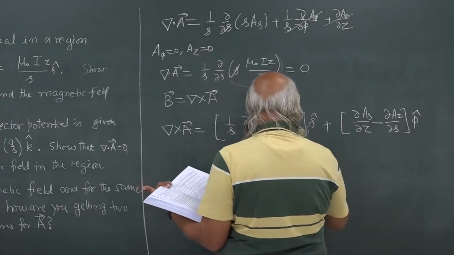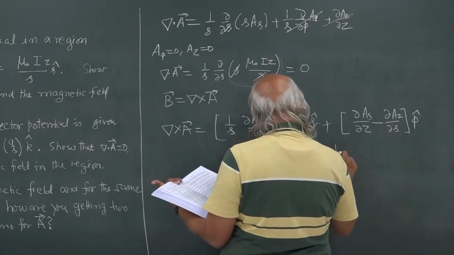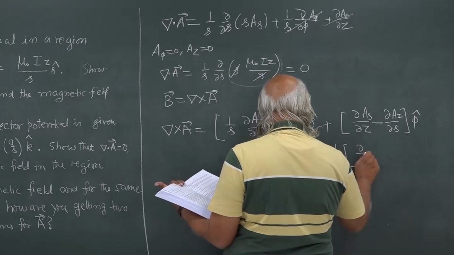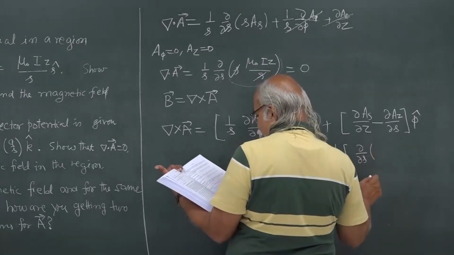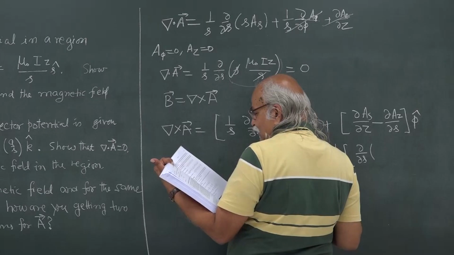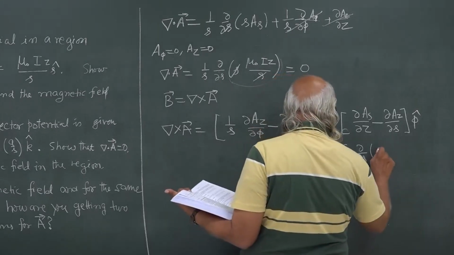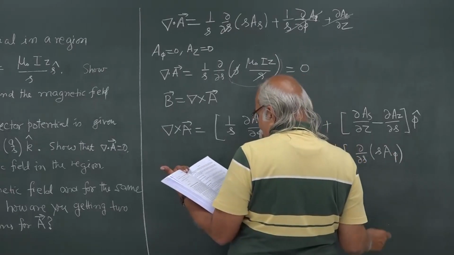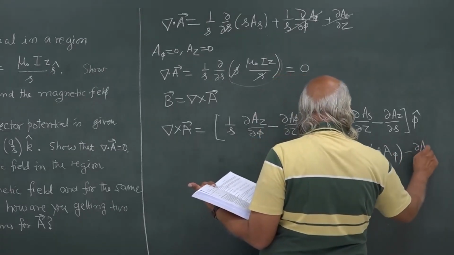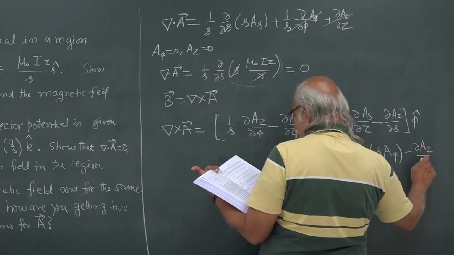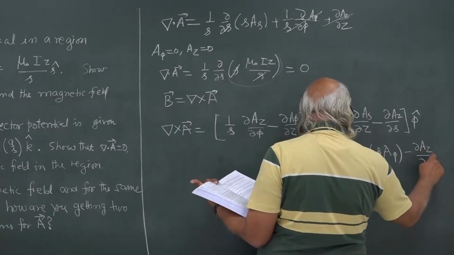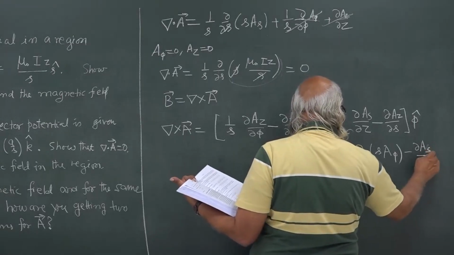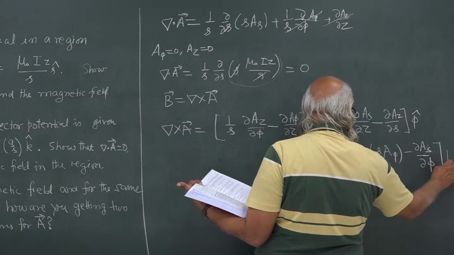The third bracket is plus 1 by S outside the bracket, and then we have del S of S A phi, minus del AS del phi, bracket closed, and this is k cap.